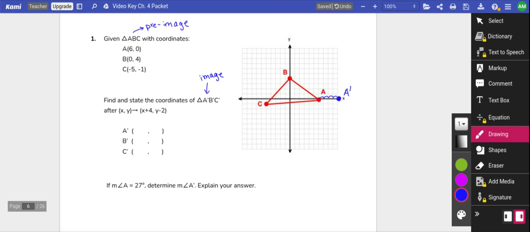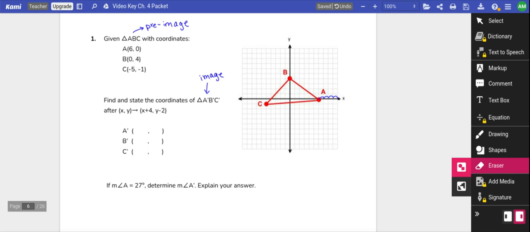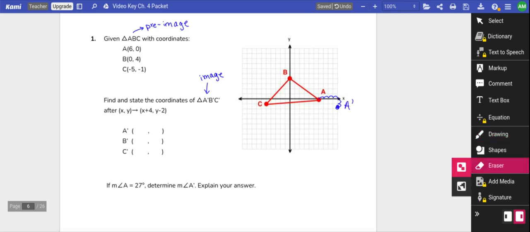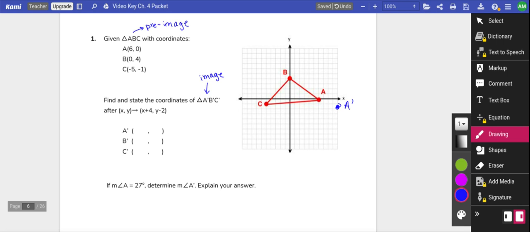Oh, not quite, because I didn't go down. Oof, I forgot to go down 2. Now I'm going to move down 1, 2. There's point A prime. Next, I'm going to move point B. Again, right 4, 1, 2, 3, 4, and then down 2.